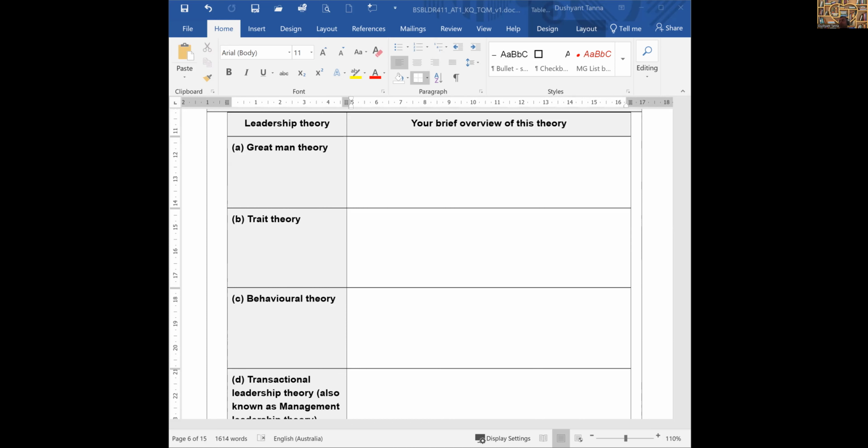I'm not doing this for all of them, I'm just showing you a way of reading more about it. Trait theory suggests that people have certain basic traits, and it's the strength and intensity of that trait that accounts for personality differences. So you need certain traits to be a good leader.